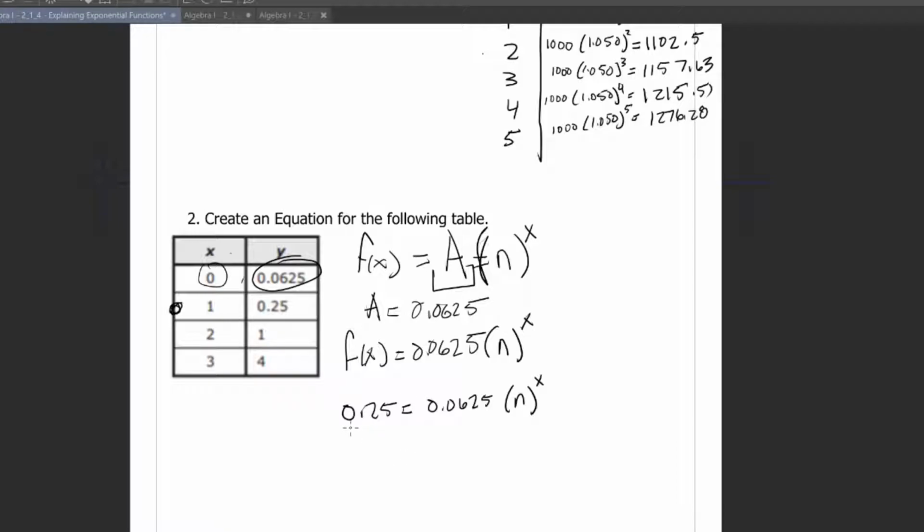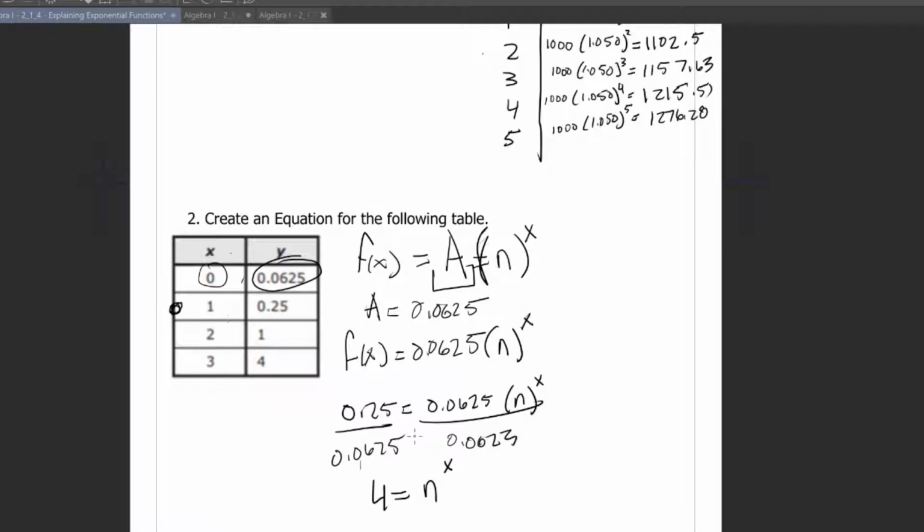Let's divide this by 0.0625, same thing on this side, and then 0.25. Calculate 0.25 divided by 0.0625. That's going to be 4. 4 equals n to the x.